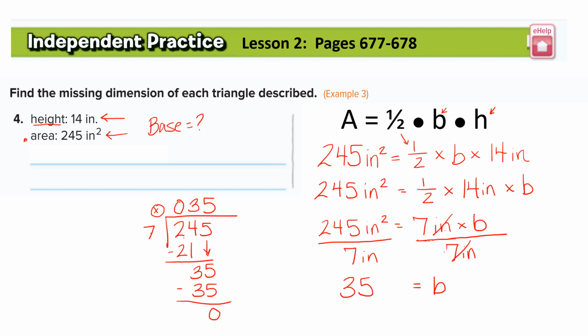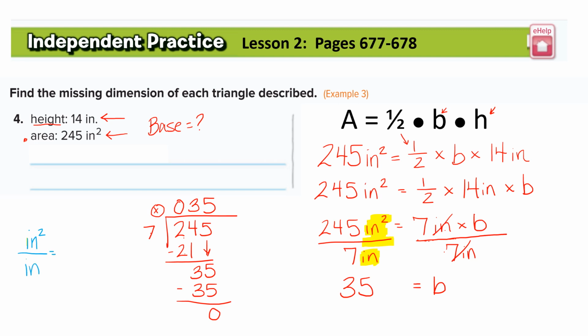Now I'd like to highlight my units so we can discuss what's happening here. I'm going to get my highlighter to highlight what I'm talking about here. I have inches squared divided by inches, and I'm going to use a different color over here to show you this. Oops, that's yellow, sorry. I have inches squared divided by inches.